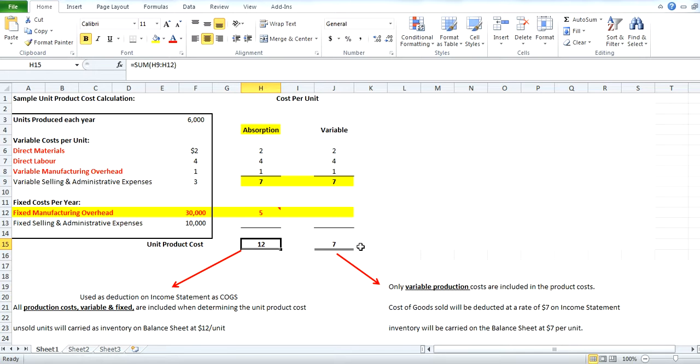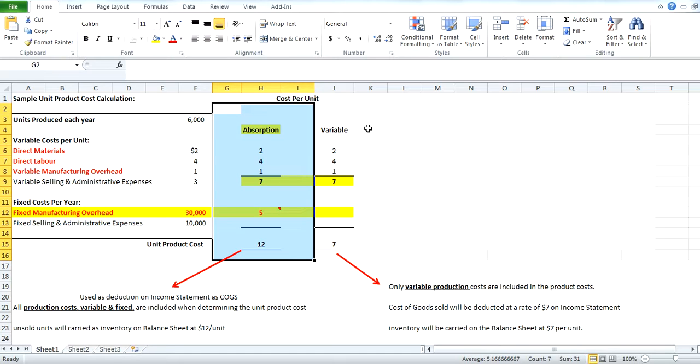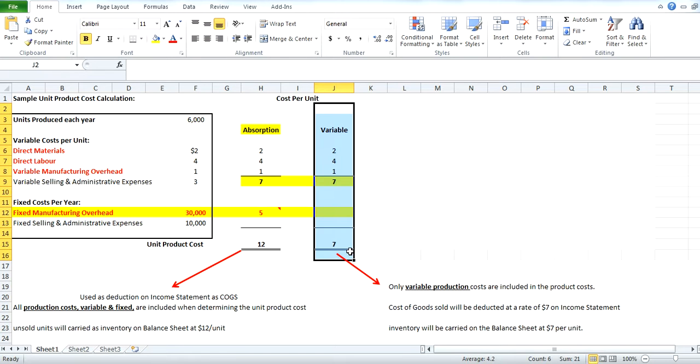The other thing that's important for you guys to remember is that, according to the accounting regulatory bodies, under IFRS, the International Reporting Standards, you have to externally report using the absorption costing method, okay? But the variable method is what's done internally for management to take this data and then drill down a little bit deeper to extract the fixed costs out of it.